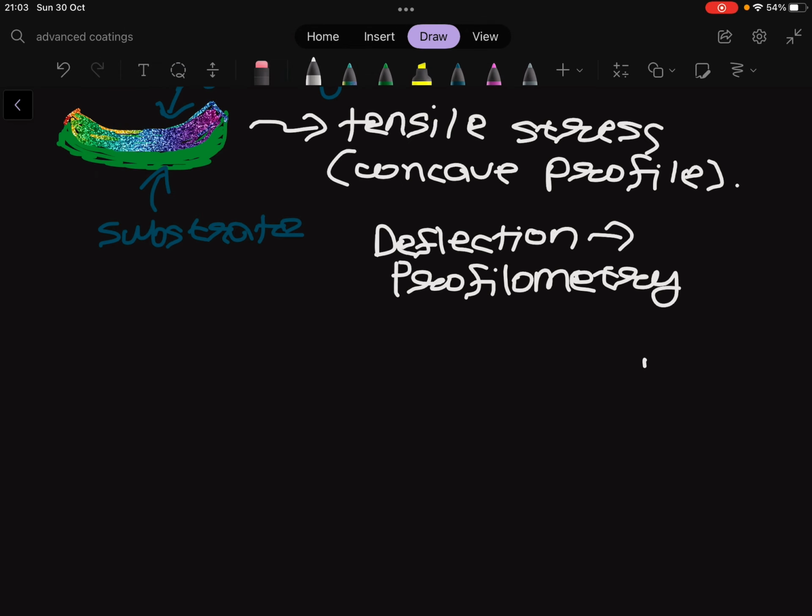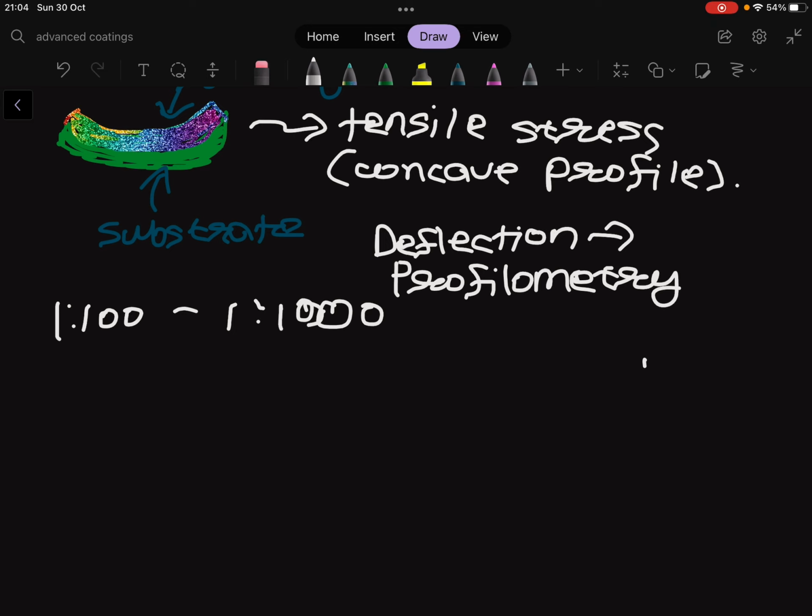According to the film to substrate thickness ratio, it is in the range of 1:100 to 1:1000, because it is required for best accuracy. Deflection techniques can also be used in situ during coating deposition if sufficiently thin substrates are used.